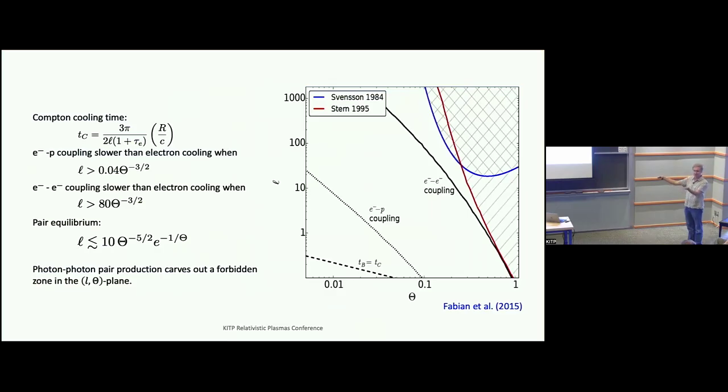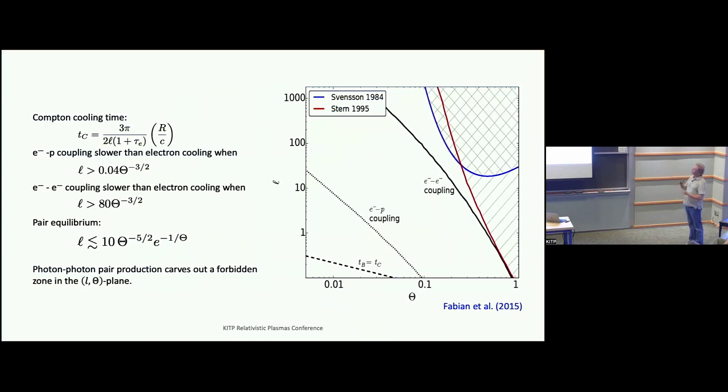Above here is cooling by Comptonization. This is the line below which electrons and protons are coupled, and above here they're not coupled on a cooling time. And this is the line above which even the electron-electron coupling is slower than the cooling time. And here's the forbidden region for pairs. Okay, so that's useful.